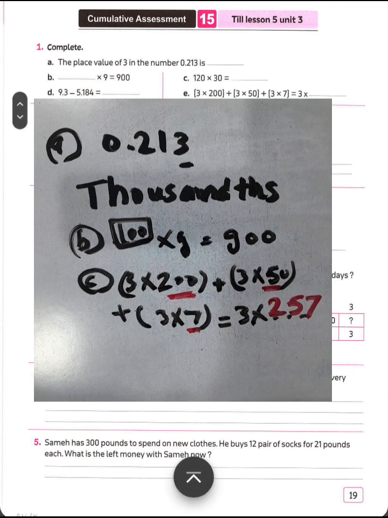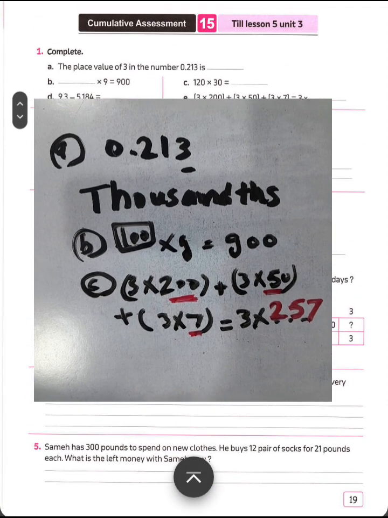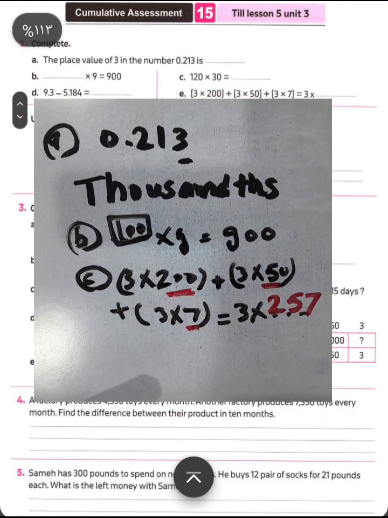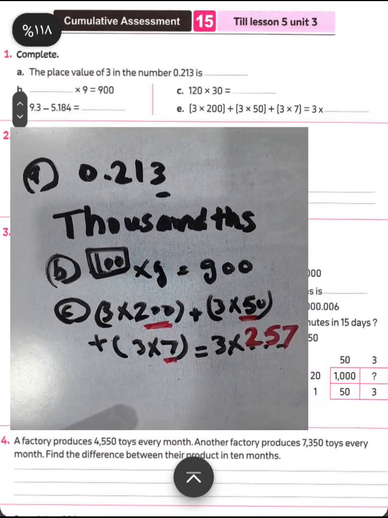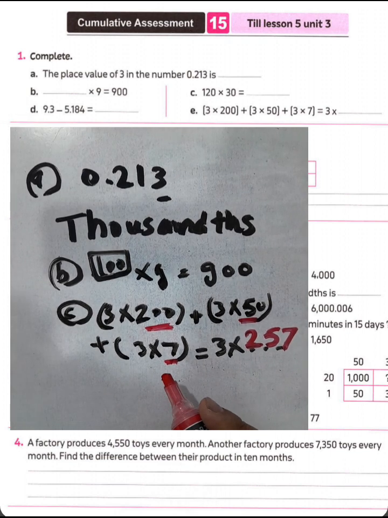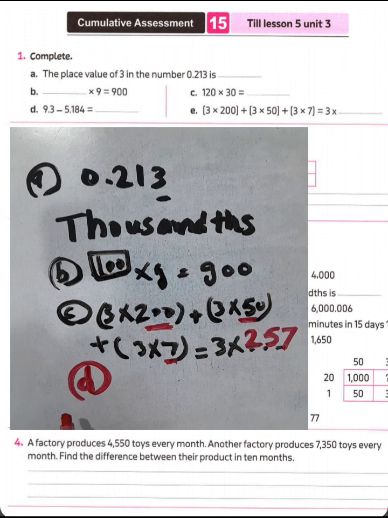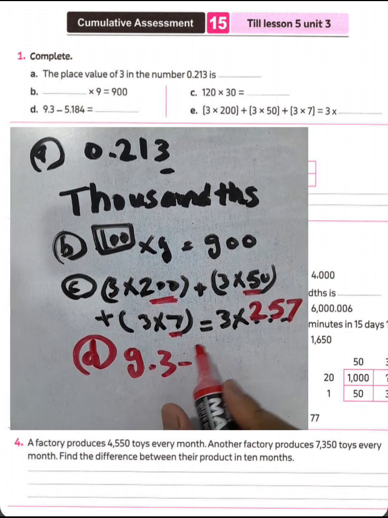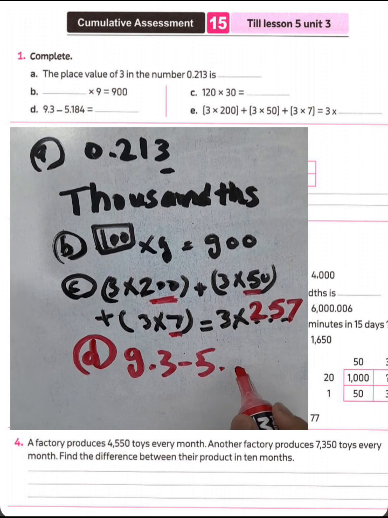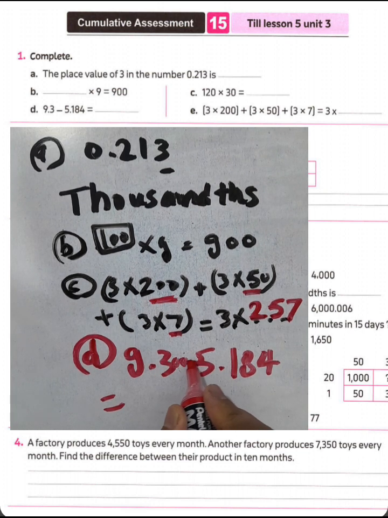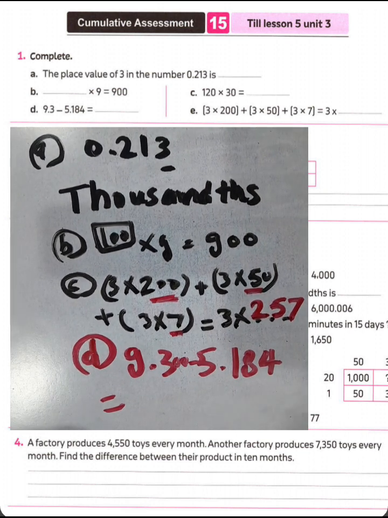Question letter D. 9.3 subtract 5 and 184 thousandths. We can find the difference by putting double zero behind this number. 0 minus 4, we can't do it.